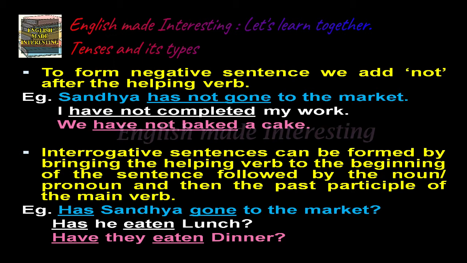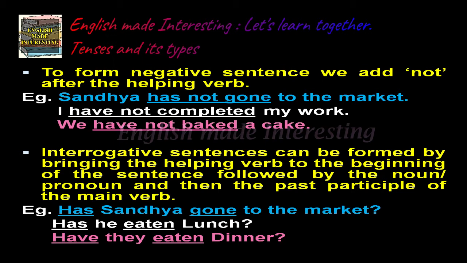Now the interrogative sentences are formed by bringing the helping verb to the beginning of the sentence, followed by the noun or pronoun, and then the past participle of the main verb. Example, has Sandhya gone to the market?